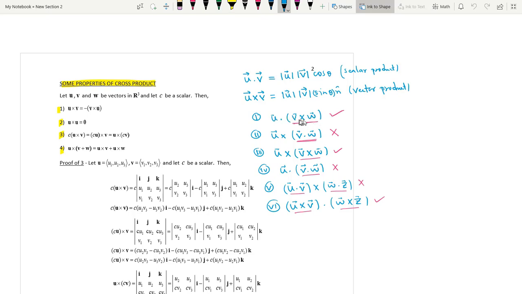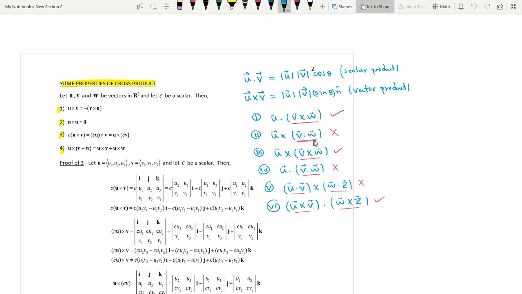Now v cross w is a vector, because we are taking a cross product, and u is also a vector. So we can take the dot product of this vector and that vector. So this is meaningful.